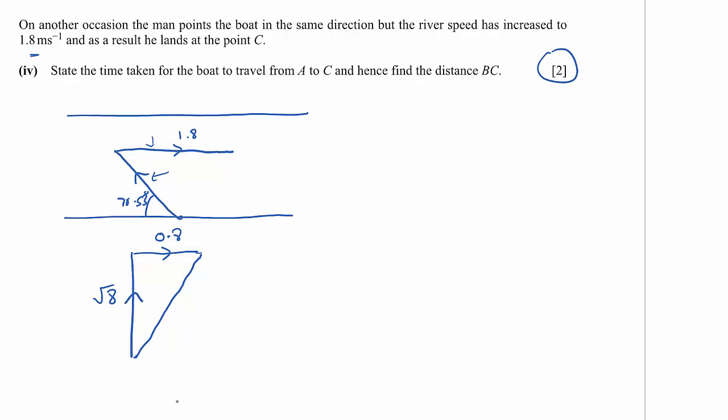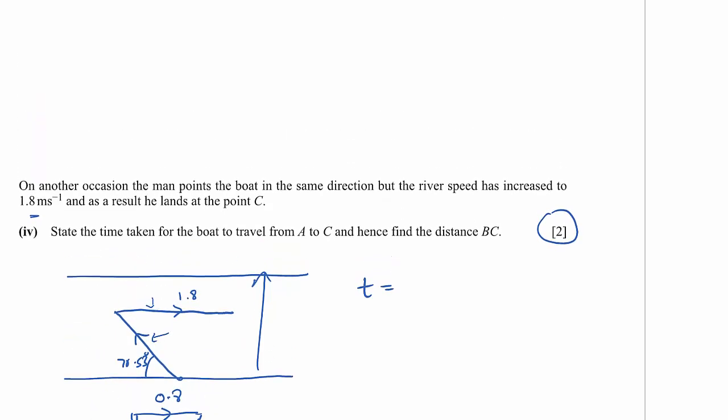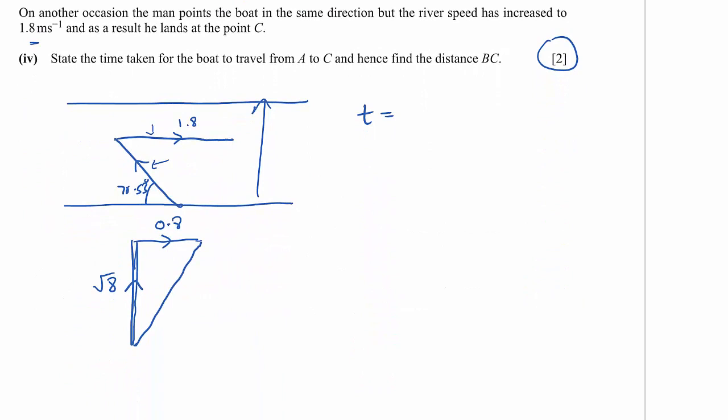So if this is the case, then the time is going to be the same, because he still has to span 50 meters across, and he's still got the same component in this direction. So we can say that t is equal to 17.7. So that's all good.